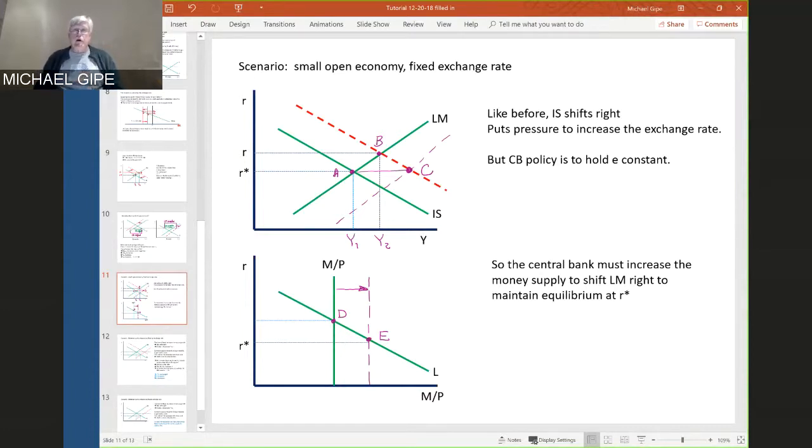Now, as you might imagine, this is going to happen very quickly. Otherwise, there'll be a lot of pressure on the exchange rate. Maybe not so much market pressure, but political pressure to change that exchange rate. And so the central bank has to react fairly quickly, increase the money supply in order to bring the interest rate back down to where it has to be in order to balance out the economies around the world.